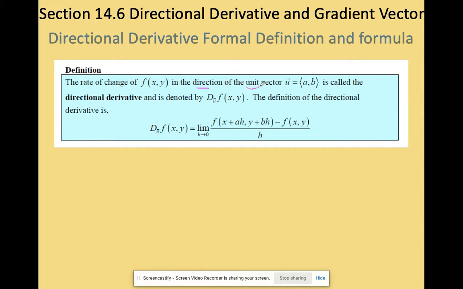Now, here's something I didn't really say yet. We are expecting u to be a unit vector. It is called the directional derivative, and this is its notation. And the definition of that derivative is a limit. Here is f of x plus a plus h. So what is this? This is just like y2.